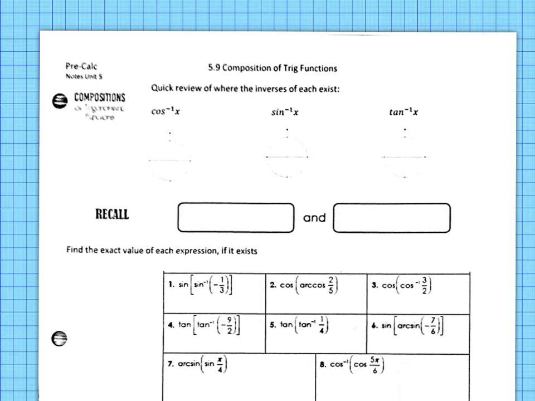Just real quick, I know you've already done inverses, but let's have a quick reminder as to where the actual inverse is allowed to live, because this is going to impact how we answer the question. Inverse cosine is only allowed from 0 to pi.